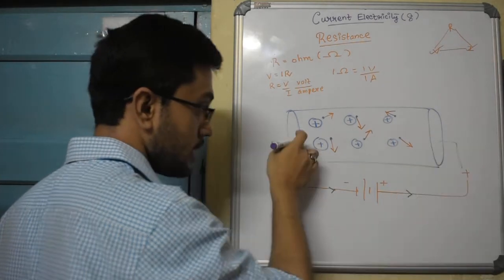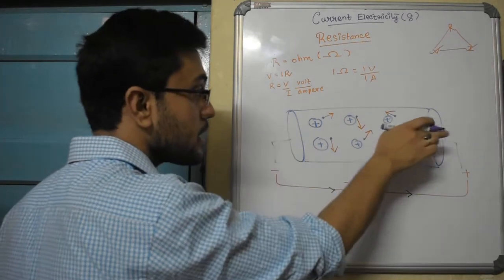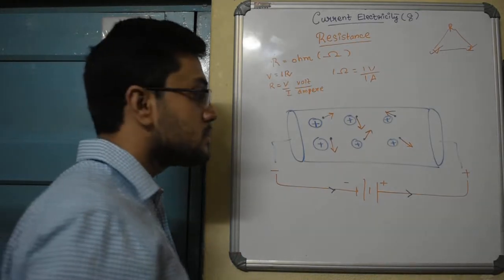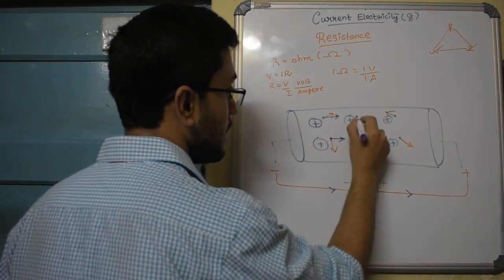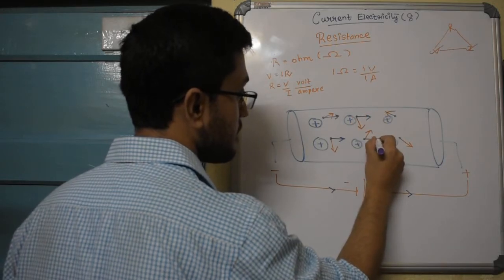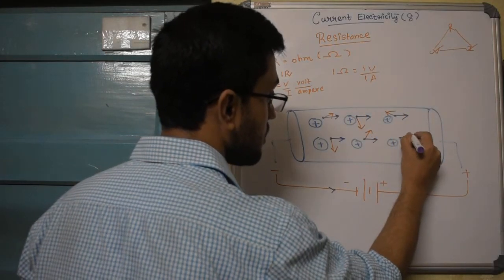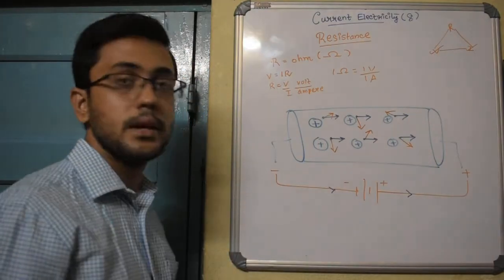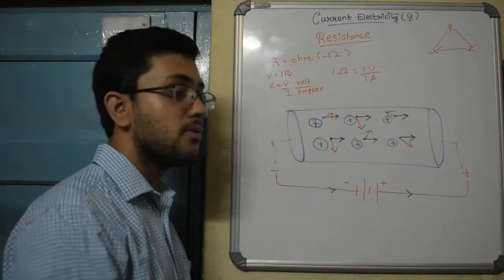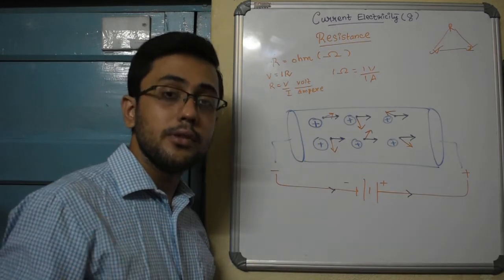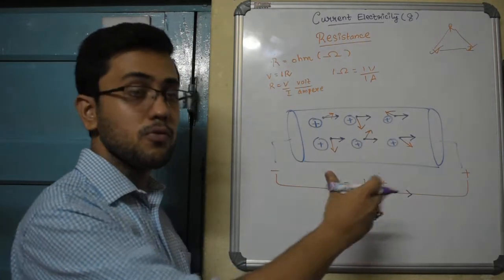So this is how current is flowing, and electrons are moving in the opposite direction. As soon as this potential difference is applied, all the electrons in a disciplined, uniform manner start moving in the same direction, because now they are feeling an acceleration. There is a driving force which is making them move.